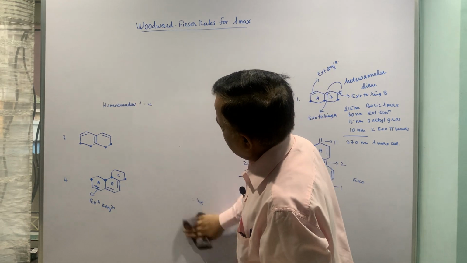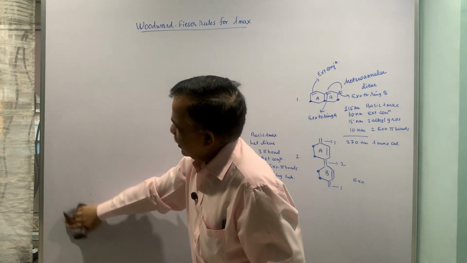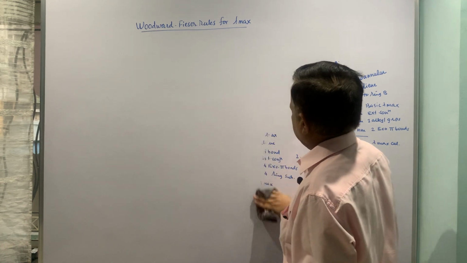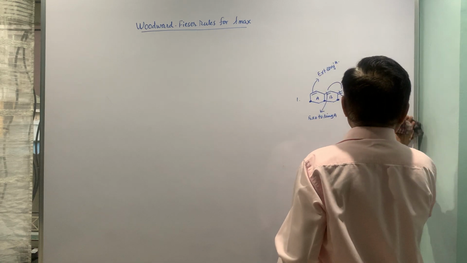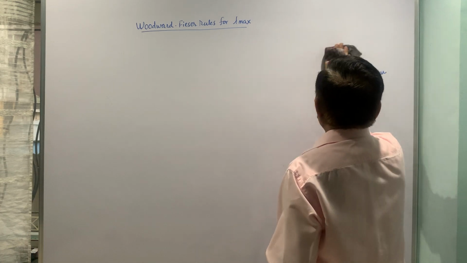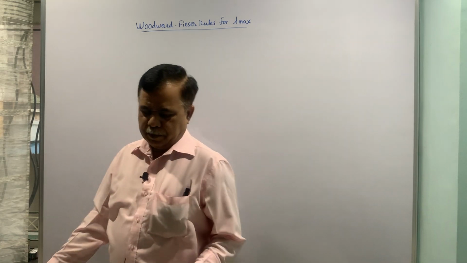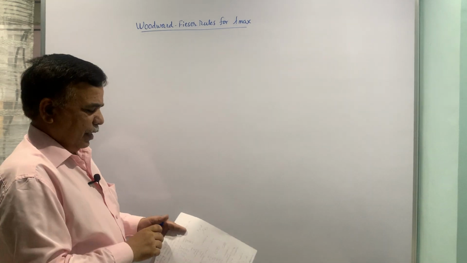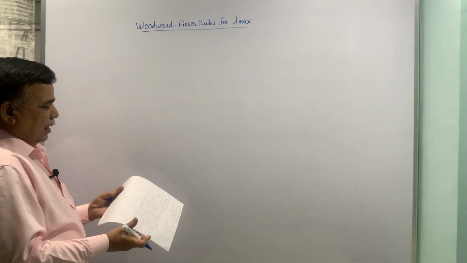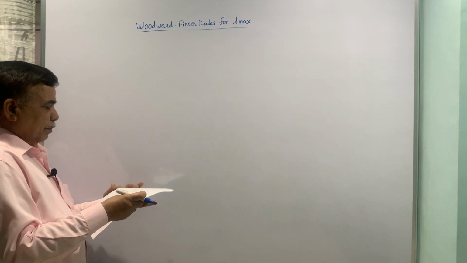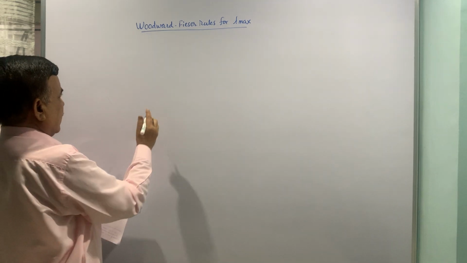Now moving on to the second chromophoric group, that is the enone chromophore. We'll see the values and a few illustrative examples, and maybe in the next lecture we'll see the applications of UV spectroscopy, and then once we are done with that, we have to move to the second topic, that is infrared spectroscopy.